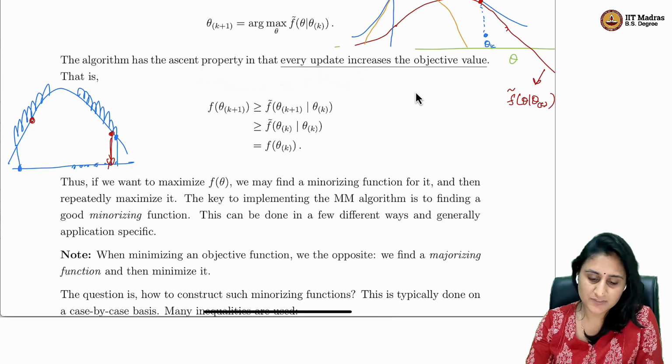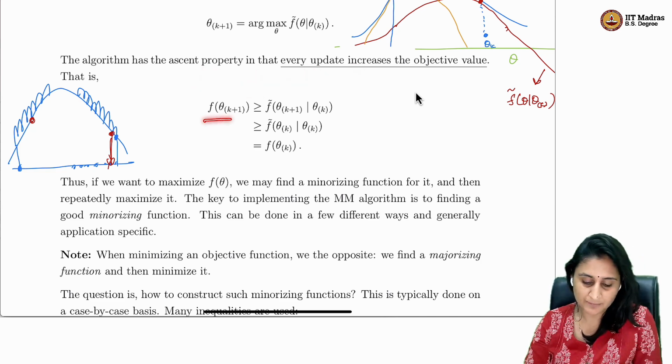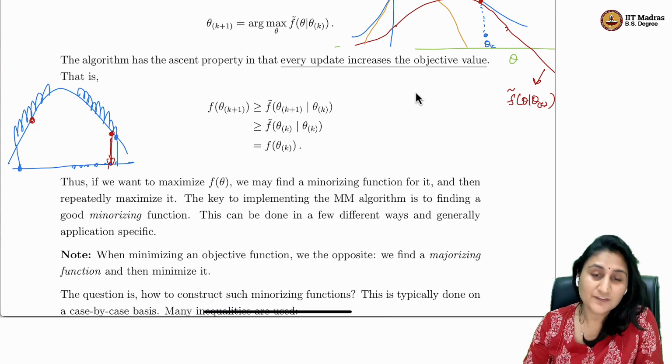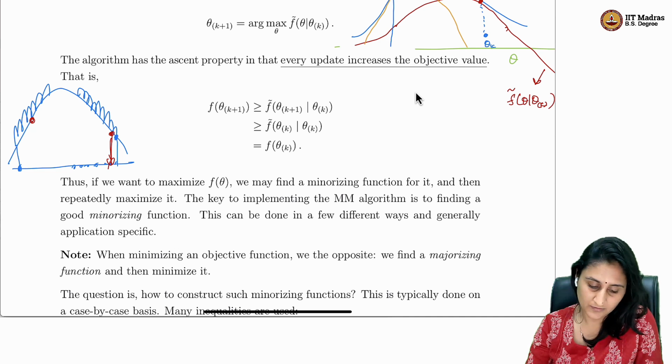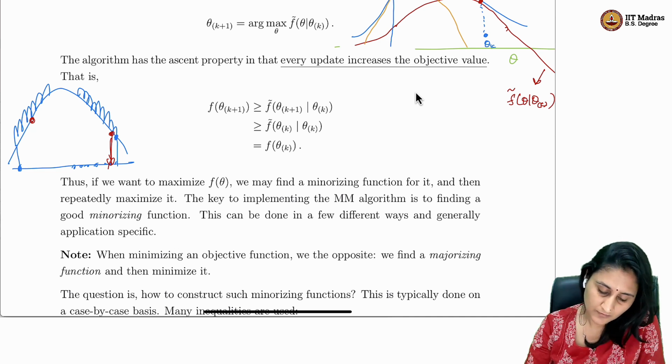Now, one way to show this is to look at what f theta k plus 1 looks like. And by construction of the minorizing function, I know that f theta k plus 1 is always larger than or equal to f tilde theta k plus 1 given theta k, right? This is by definition of a minorizing function.